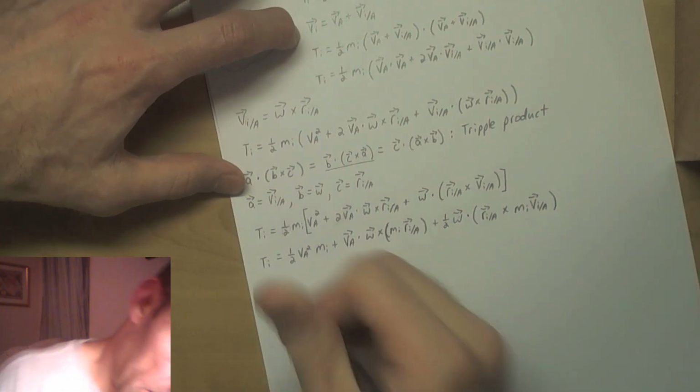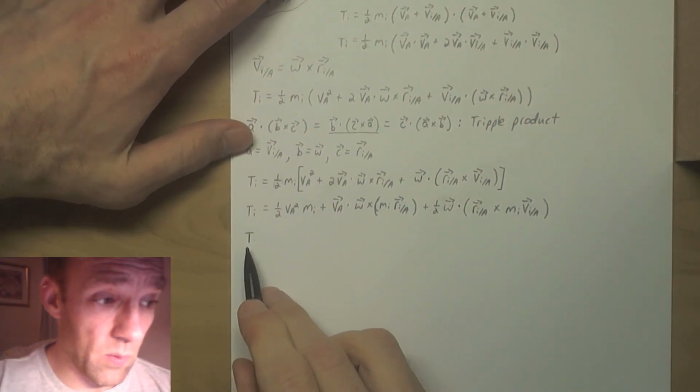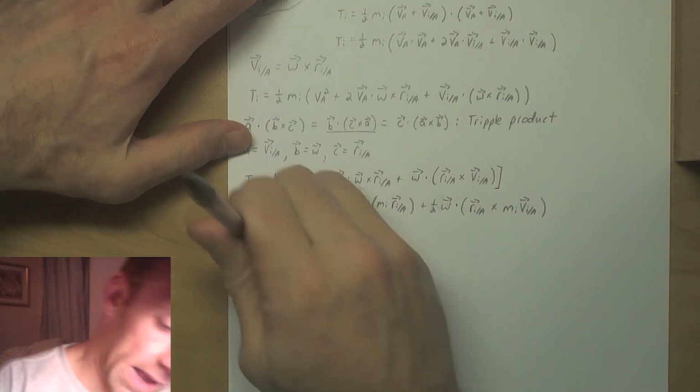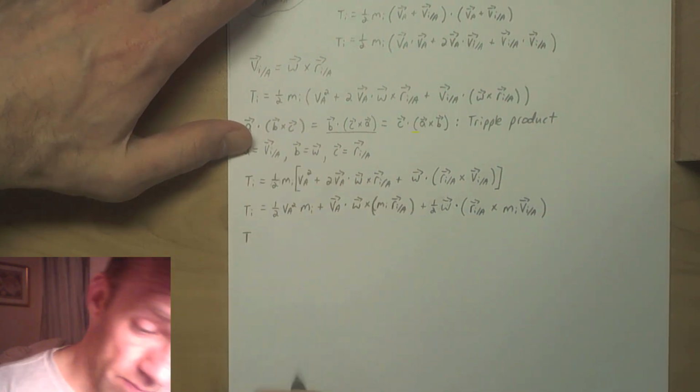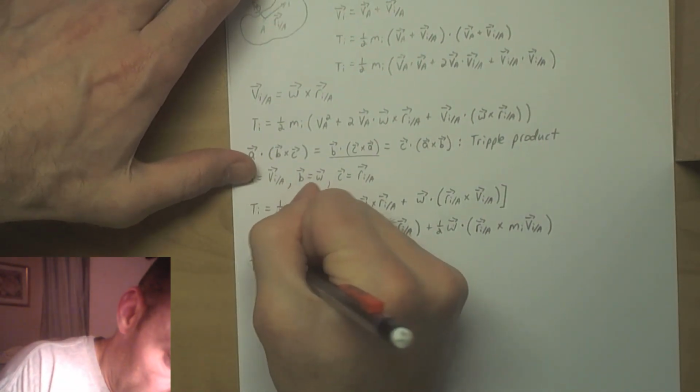Now we can sum up over all the i's. If we want to know the total kinetic energy, we sum up over all of the particles, and that's going to look something like this.